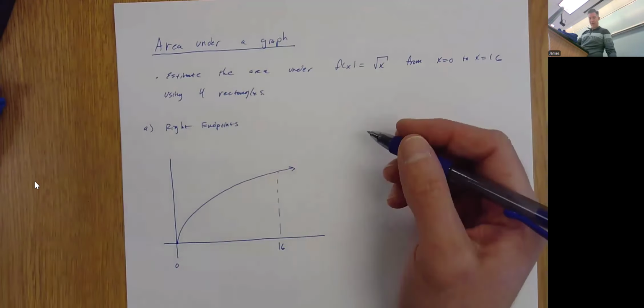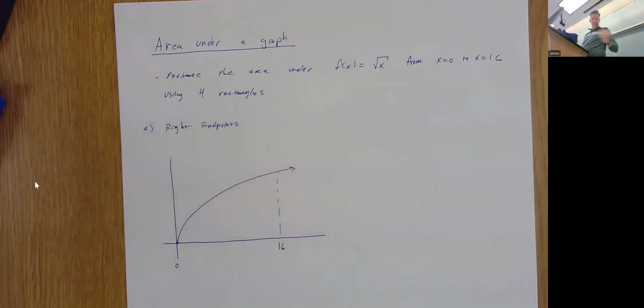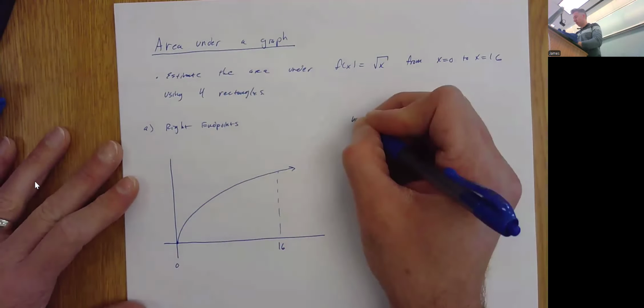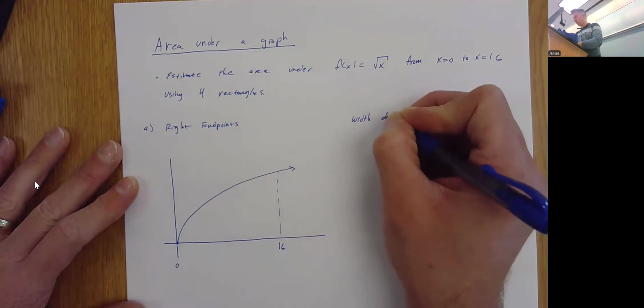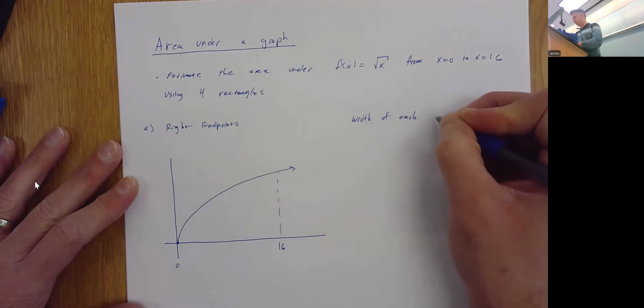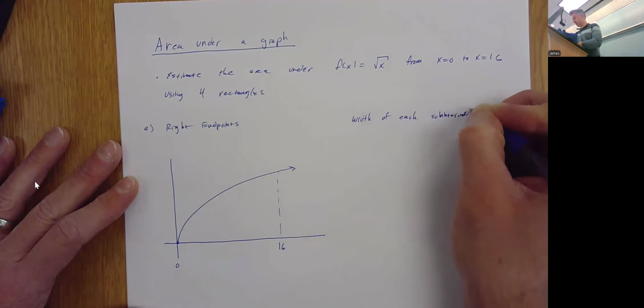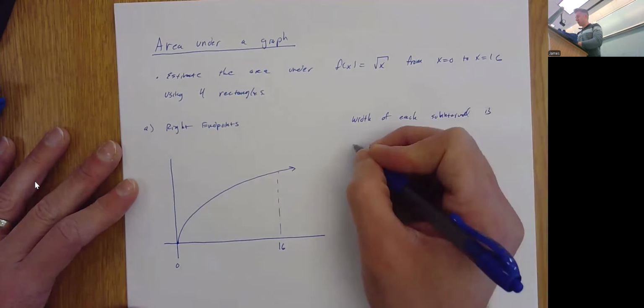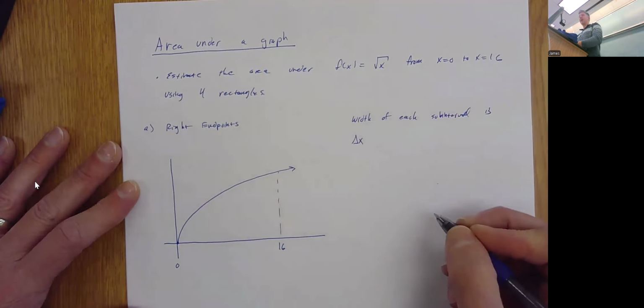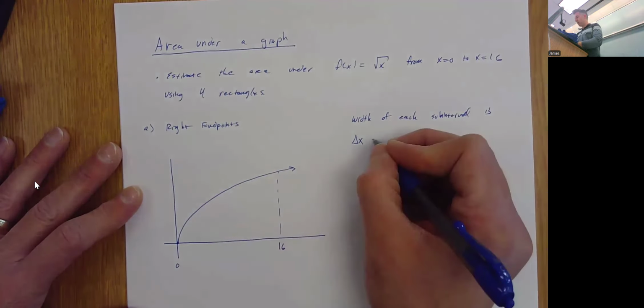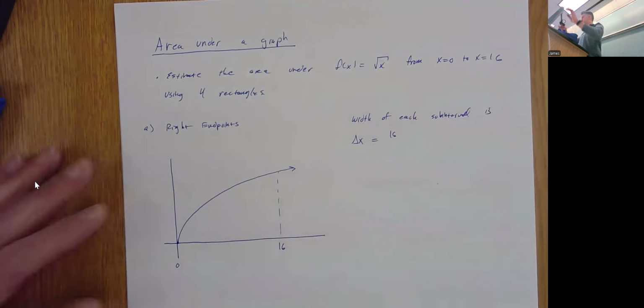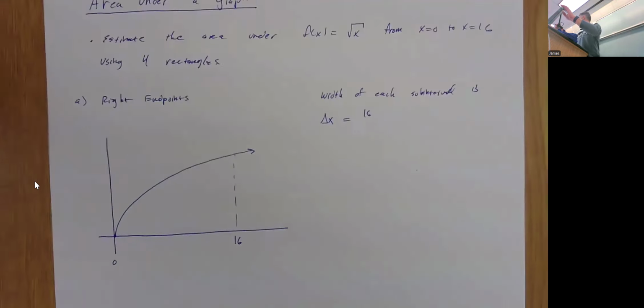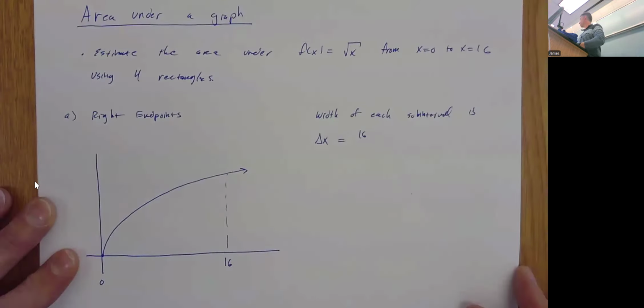So let's talk about the width of each of our rectangles, or each subinterval. We usually call it delta x, and it's going to be the entire width. I could zoom in a bit. I can also try to write it bigger.